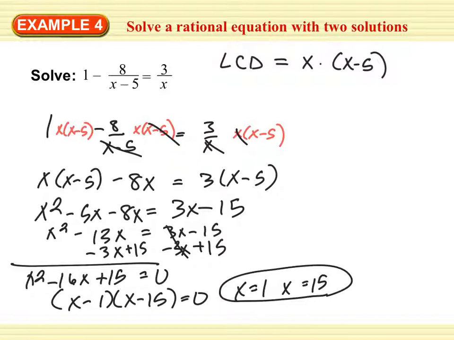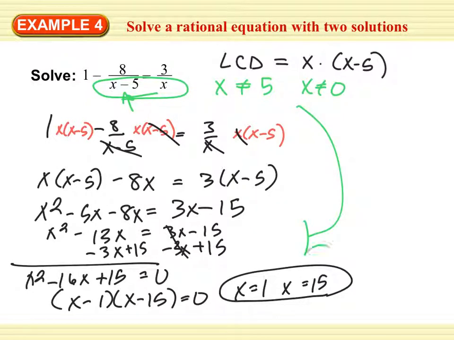Now with these, I've got two solutions, and everything's great. I always want to go back here and check my denominators, because we've learned that we can't have 0 in the denominator. So we can actually say that x cannot equal 5, because that would make that 0, and x cannot equal 0. Go back to our solutions, and we are A-okay.